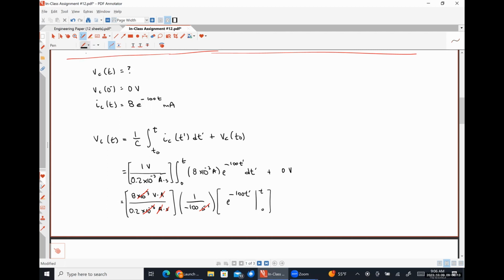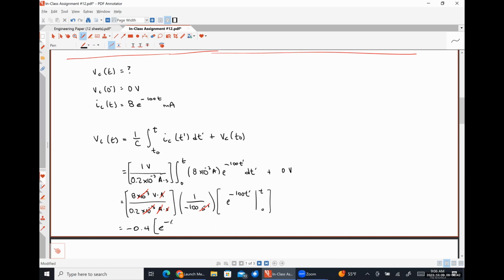Okay, so doing some things here. Turn on calculator. There we go. So I have 8 divided by 0.2 times negative 100. That looks like negative 0.4. Now I'm going to put my limits in here.